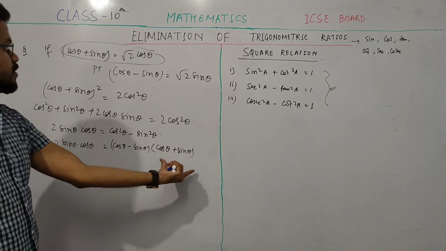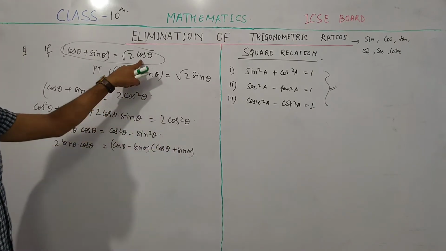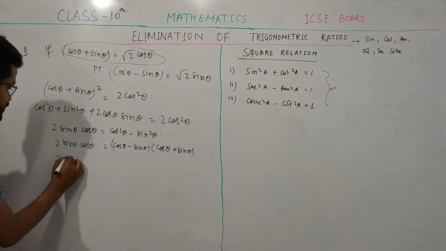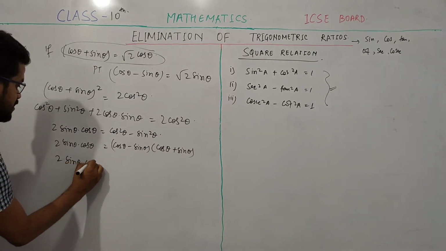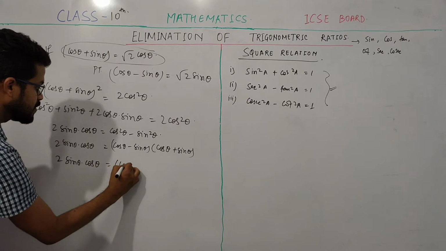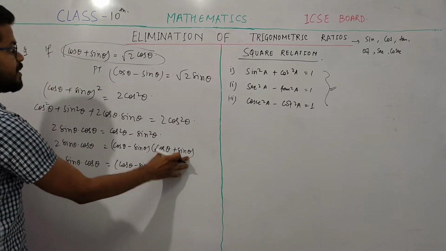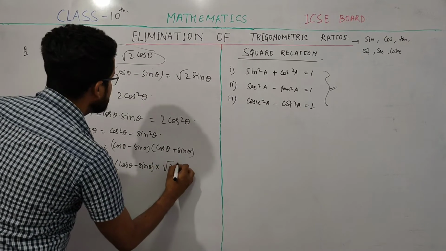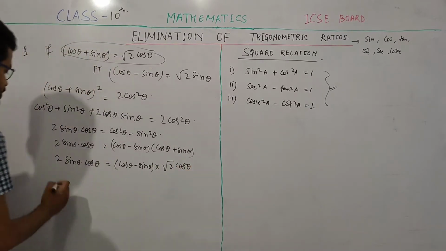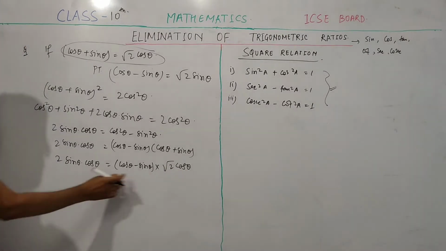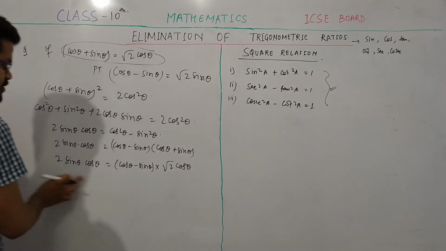Now in place of this cos theta plus sin theta, I write root 2 cos theta, which is given. So this is 2 sin theta cos theta is equal to cos theta minus sin theta into, in place of this I write root 2 cos theta. If I bring this to the left hand side from the right hand side, the symbol changes into division.